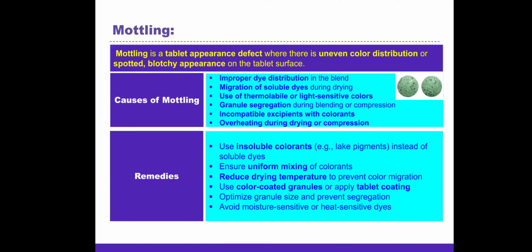This root cause is related to improper distribution. Suppose you are using the dye at the granulation stage and it is not distributed properly, then the mottling issue will come. Then migration of soluble dyes during drying is also responsible for mottling.